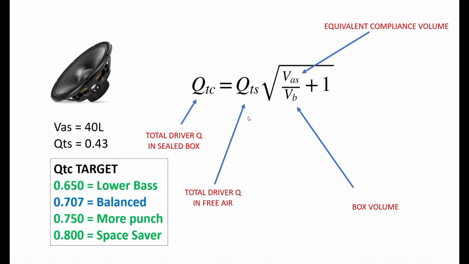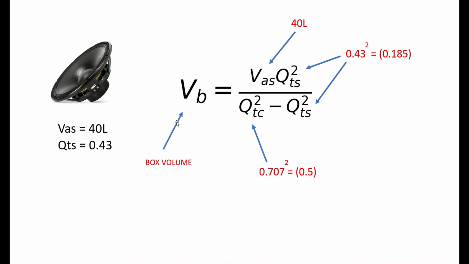So we need to rearrange the formula so that we can solve for the box volume, and so we do that. So the box volume equals VAS times QTS squared, over QTC squared minus QTS squared, right? So yeah, okay, now we're going to do some maths.